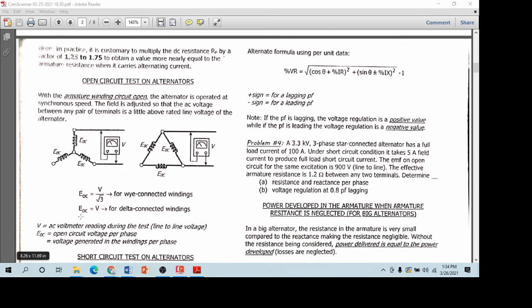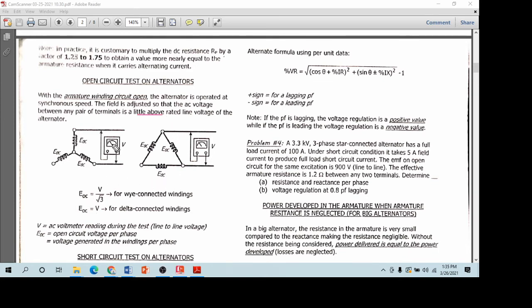Okay, so here, this is the schematic diagram. EOC is the open circuit voltage per phase. Once you adjust the field winding current, you are going to measure a certain amount of output current, until such time that it is a little above the line voltage.